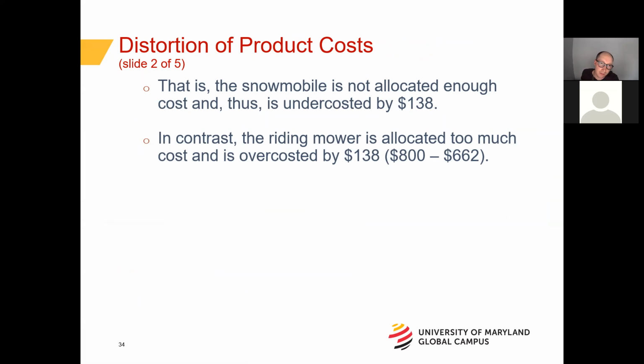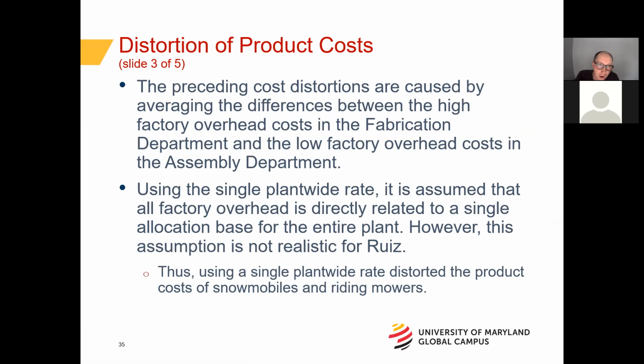And when that type of distortion occurs, it causes a couple of different errors, really, because it shows us the difference. If we went with a single plant-wide rate method and just disregarded the multiple production department method, I'll end up under allocating or over allocating factory overhead to each unit.